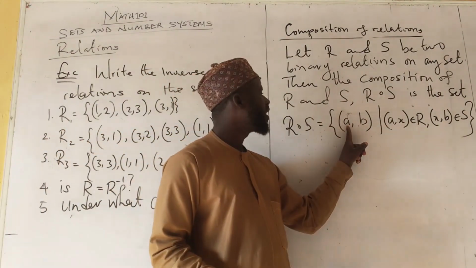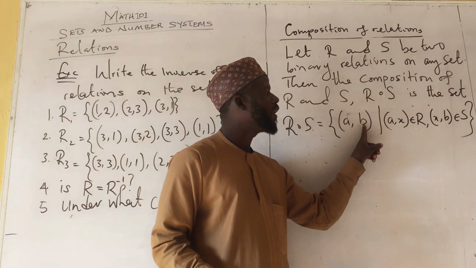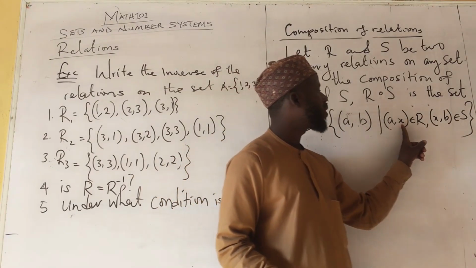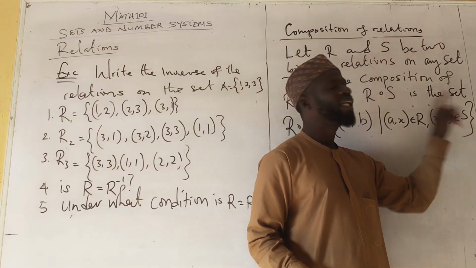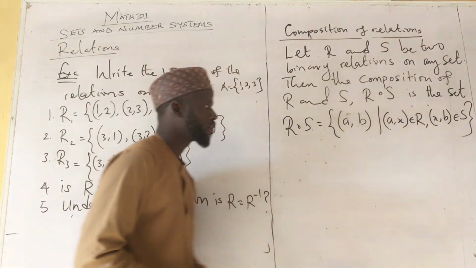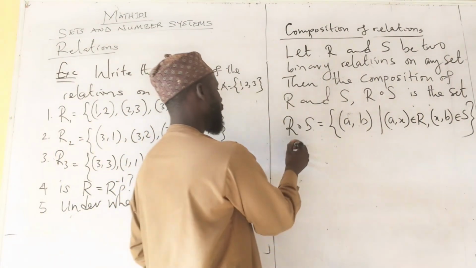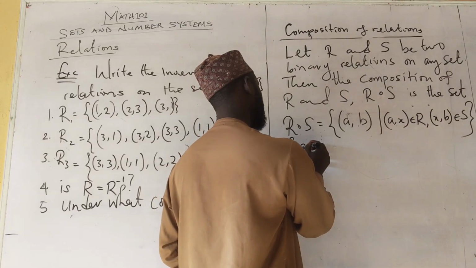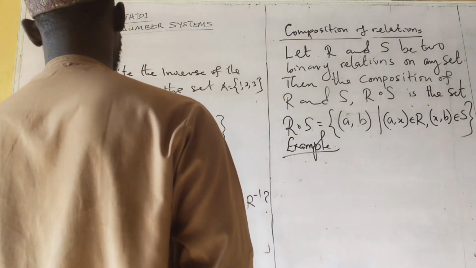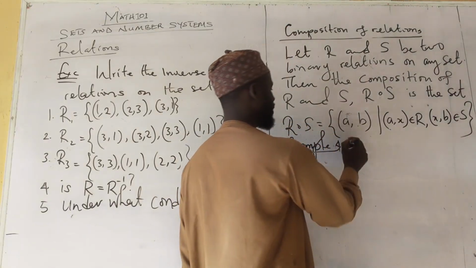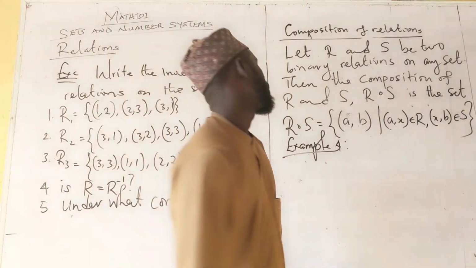It is the set of all relations (A, B) such that A is related to X in R and X is related to B in S. Can we give an example? This is example number 4.